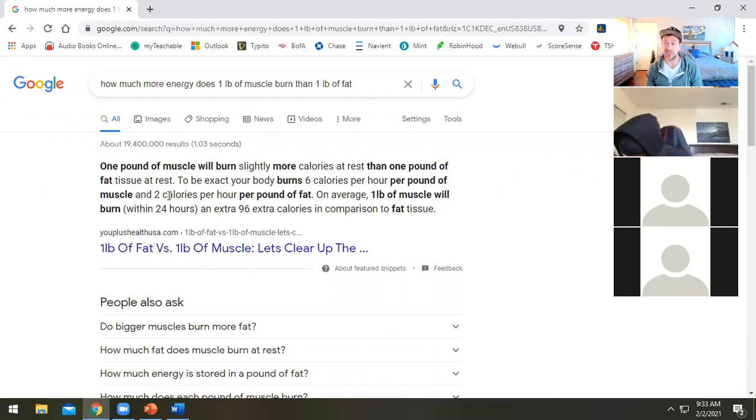Muscle burns about 3 times as much energy as body fat does. So on average, if you lose a pound of fat and gain a pound of muscle, your body weight stayed the same, but you are now burning an extra 96 calories every day compared to the first version.